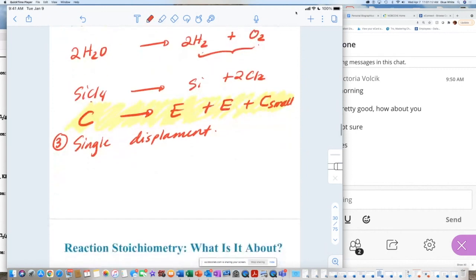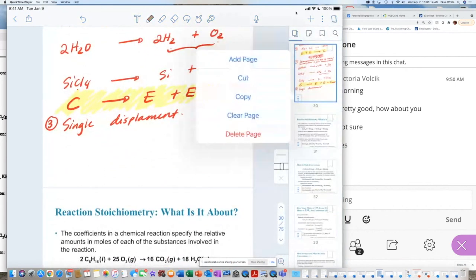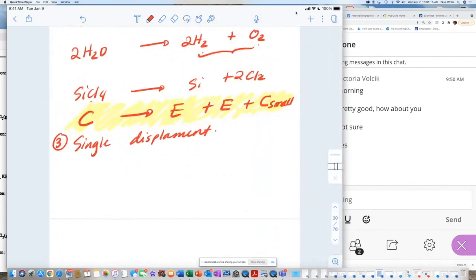Then number 3, we have single displacement. In a single displacement reaction, what you're looking for is this format here. Compound plus element to give you compound plus element.